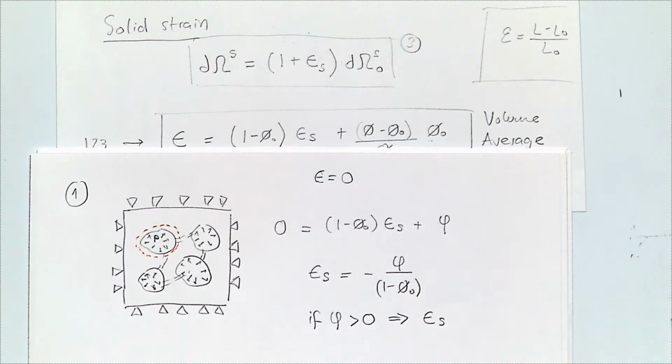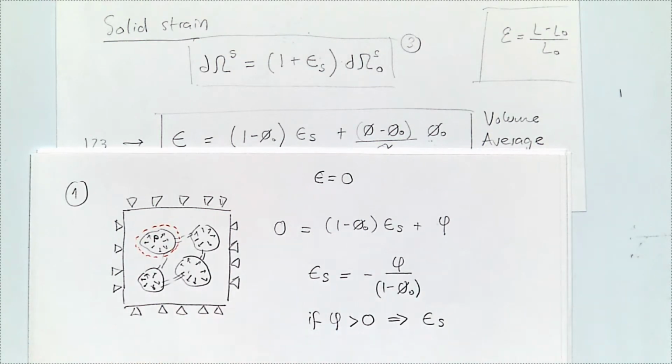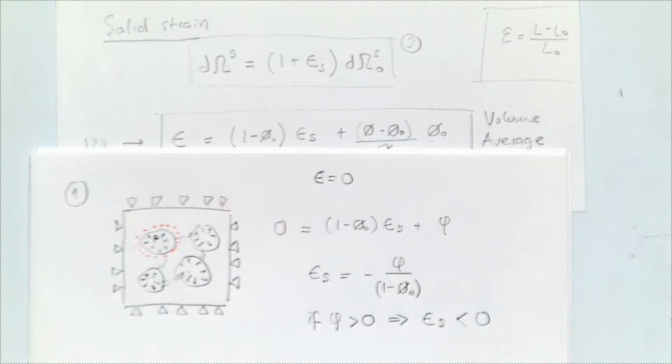what's going to happen with the solid strain? Yes, but let's say, instead of decrease, increase. Is it going to contract or is it going to dilate? It has to contract. And according to these equations, this has to be less than 0.